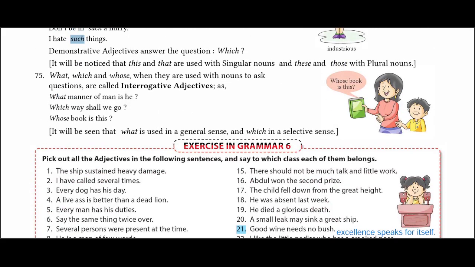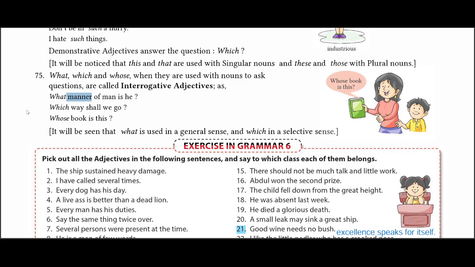Now look at this statement. What manner of a man is he? Manner is a noun. What is being used alongside this noun? Obviously, it is an adjective, but what is its function here?